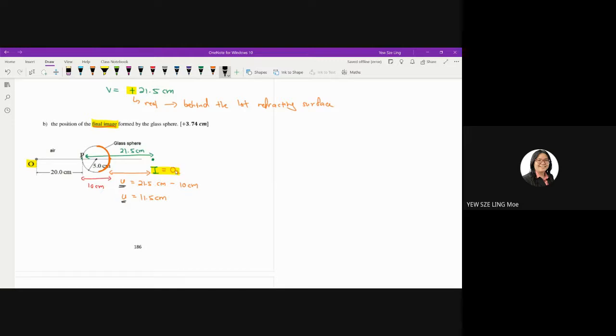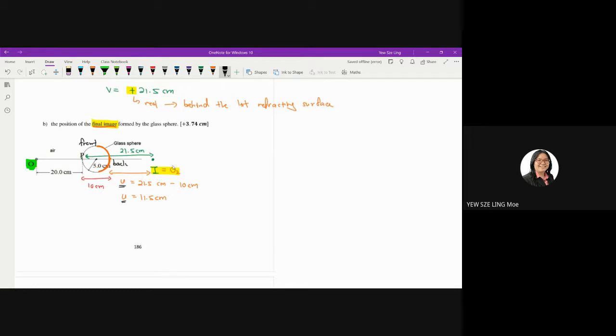But when it comes to determining the front part and the back part of the refracting surface, we have to refer to the original object. My object is located here. This is the original position of the object, which means this part is still acting as the front, and here is acting as the back of the refracting surface.